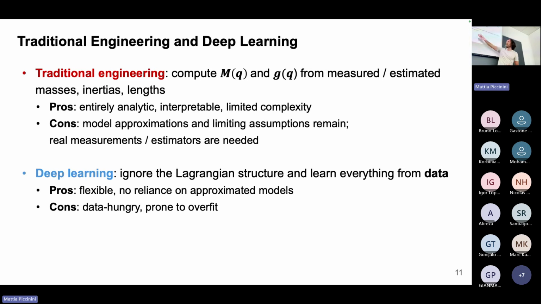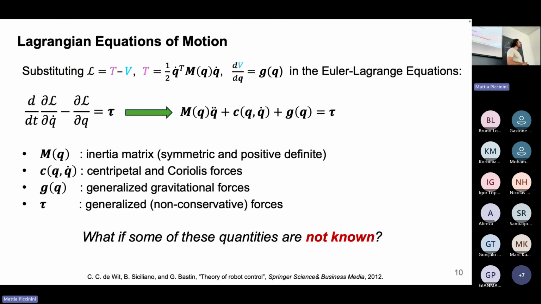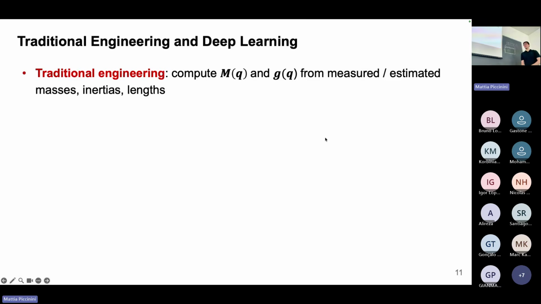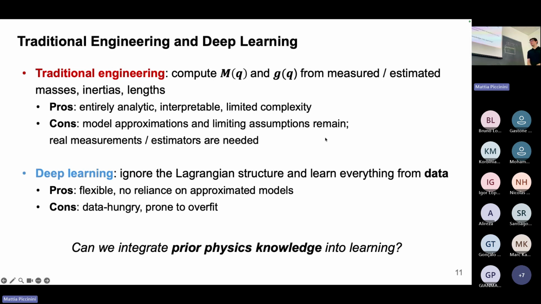Starting from scratch to relearn everything is not the right solution. This is a very structured problem. We have a quite general but still structured form to express the dynamics. So it can make sense to integrate physics knowledge without using only traditional engineering, having a mix of the two.